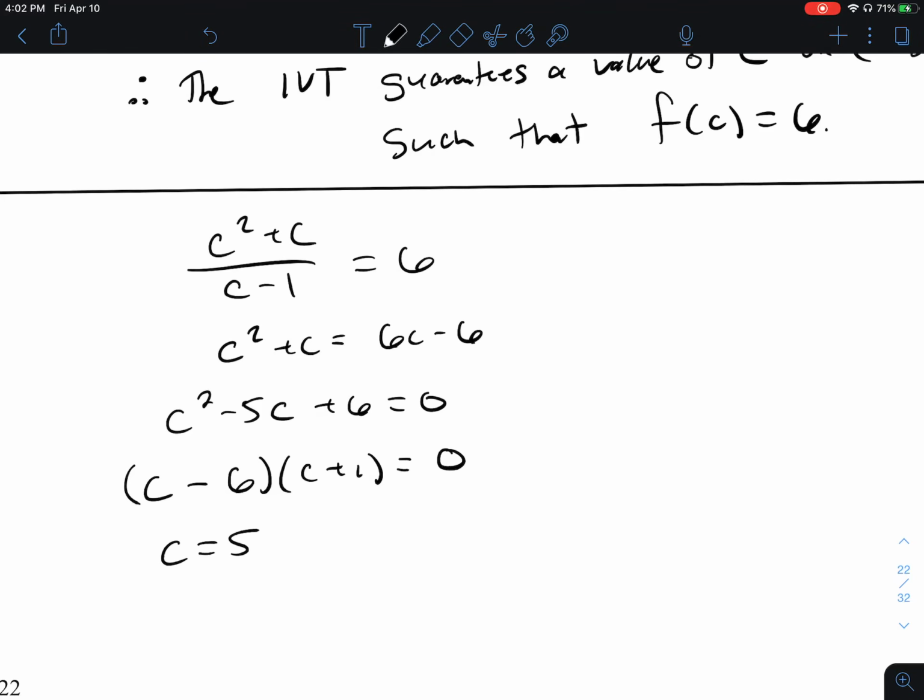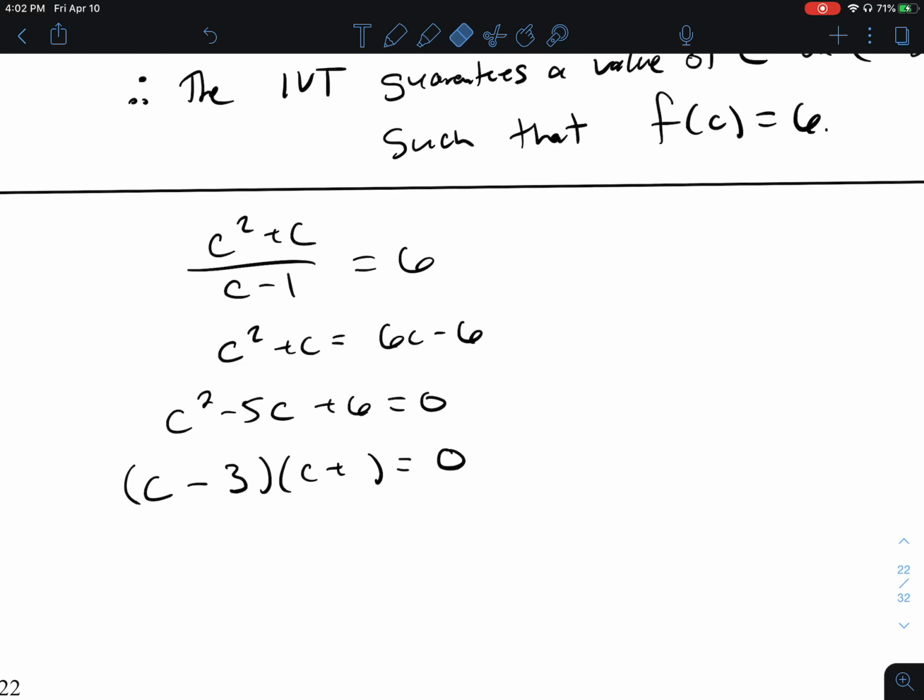We would get a solution here of c is 6 and another solution that c is negative 1. No, we would not. If we multiply those, we get a negative 6. I did not factor that right.